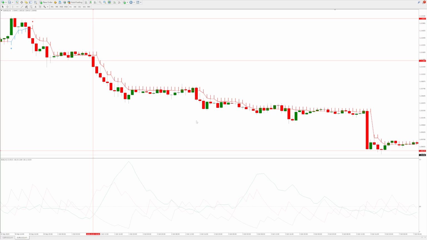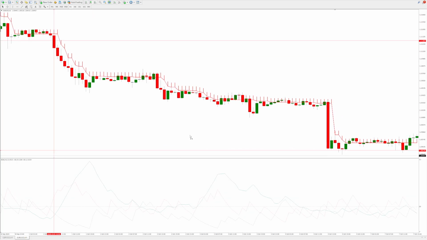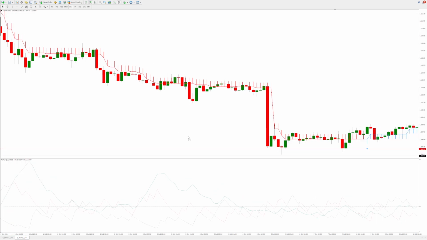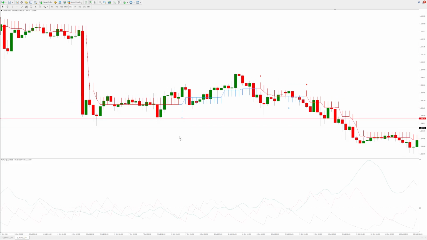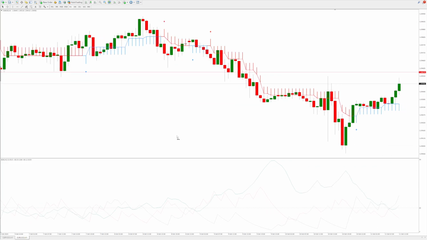Market is ranging more. So the ADX again can be a way to capture entries into trends. Red crossover of the green, downwards movement.